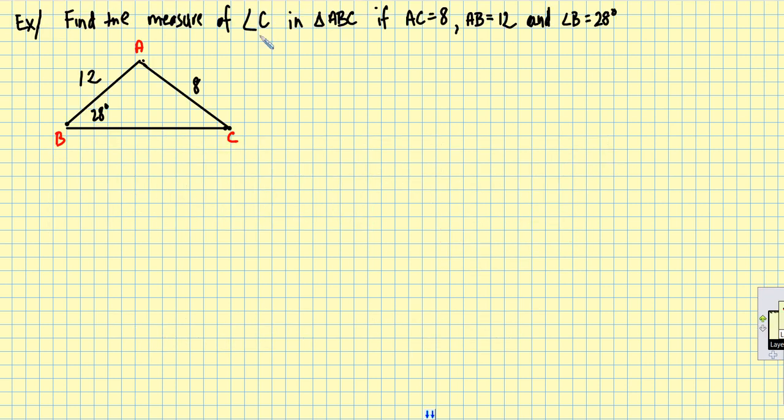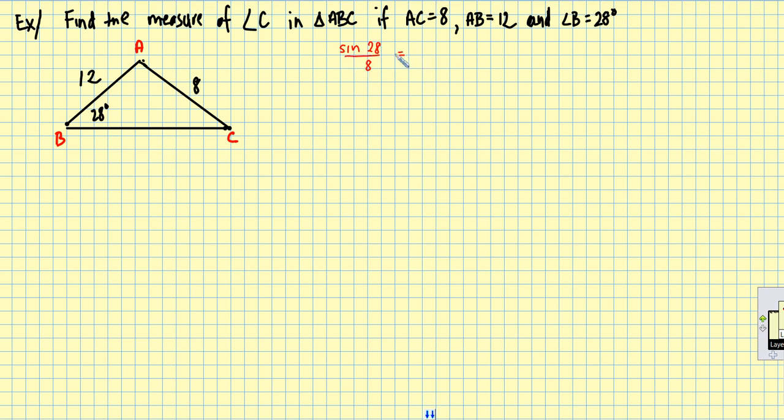Okay, so let's take a look at trying to figure out the measure of an angle. Now, finding the measure of the angle per se is not that difficult. For example, I need to find the measure of angle C in triangle ABC, and we're told that AC equals 8, AB is equal to 12, and angle B equals 28. So the ratio of the sines that I could use would be the sine of 28 over 8.